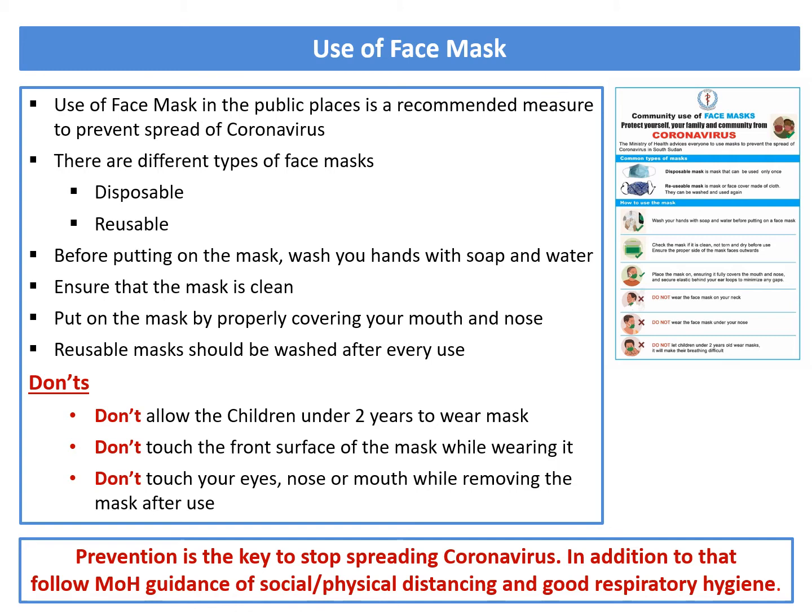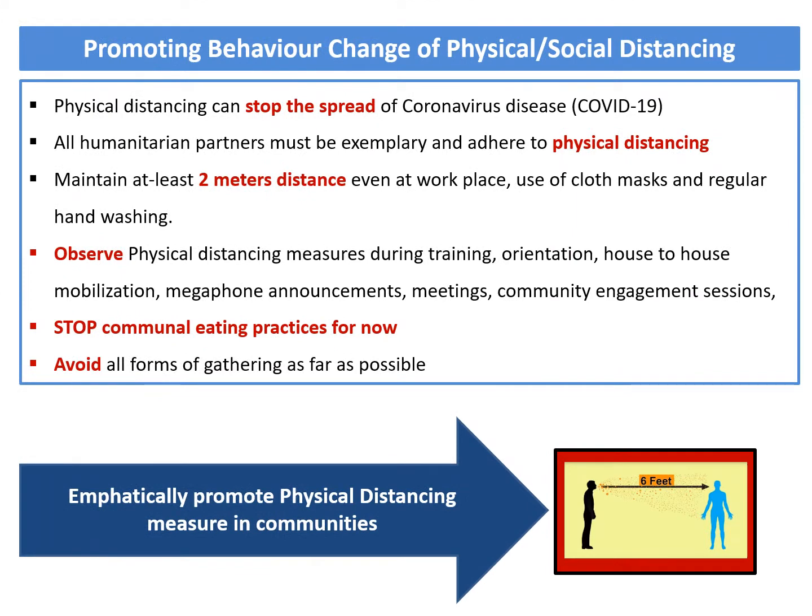So in addition to using the face mask, we must abide by the other preventive measures that have been discussed and agreed upon by the government, which include the washing of hands, physical distancing, and good respiratory hygiene, to mention but a few. Physical distancing is key, and it has been proven that it can stop the spread of coronavirus.